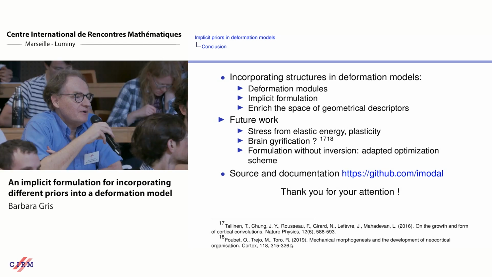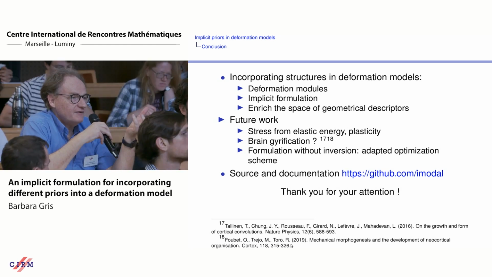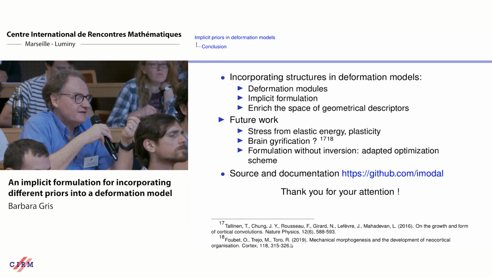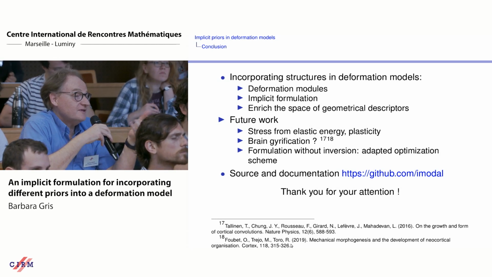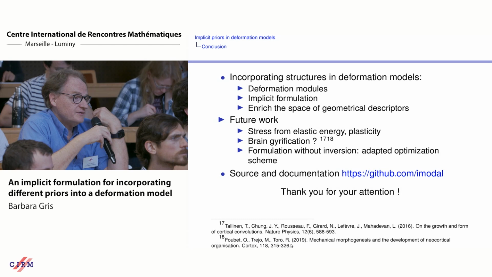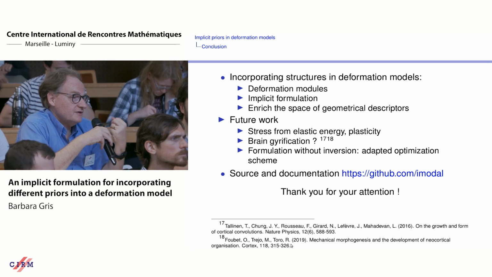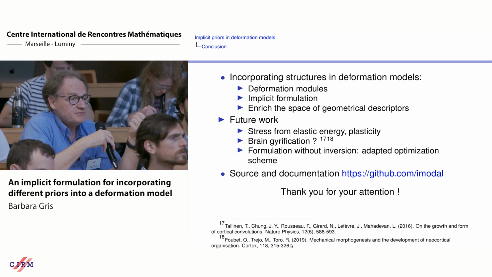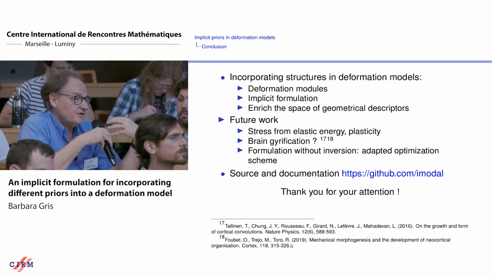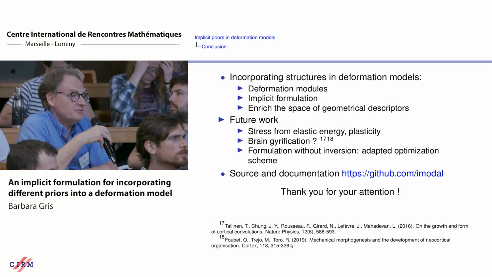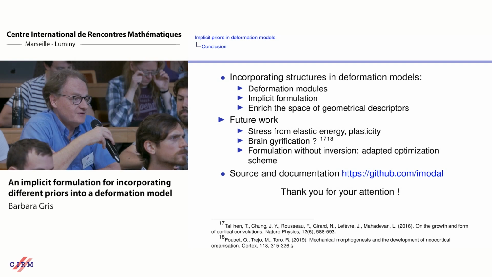I was wondering, by the way, whether the difference between what Mahadevan or morphoelasticity does and this is the same difference as between elasticity and LDDMM. In one case you have a time-dependent control and essentially a Riemannian or sub-Riemannian metric, and in the other case you just have a one-shot transformation that you want to estimate.